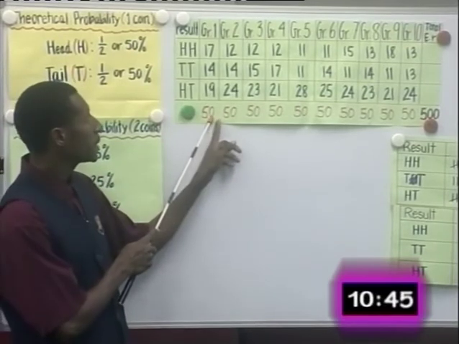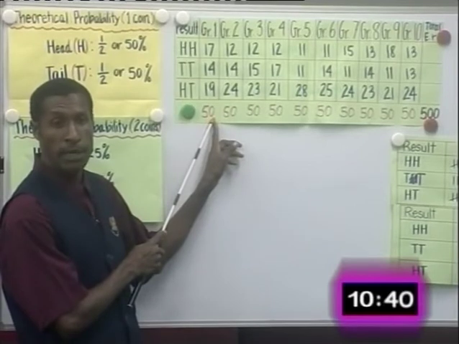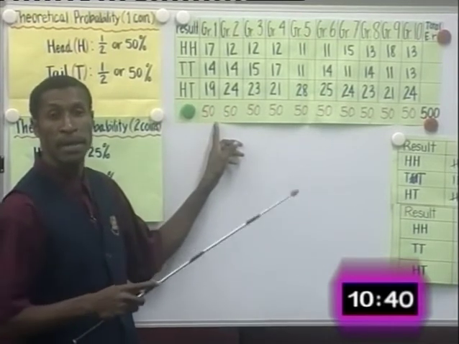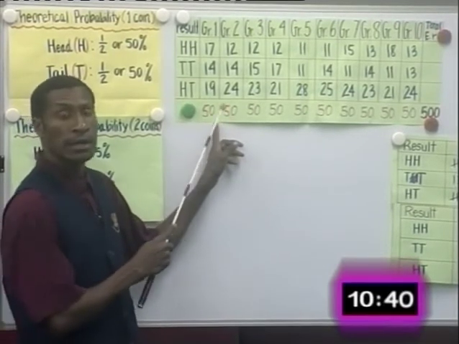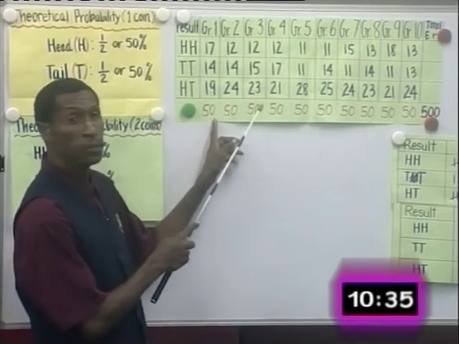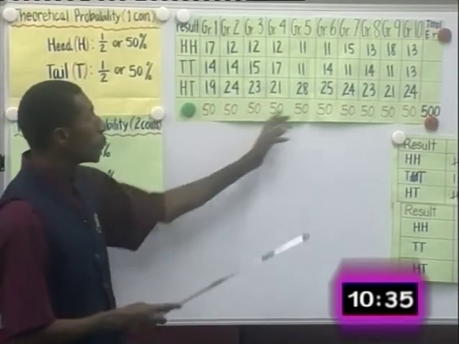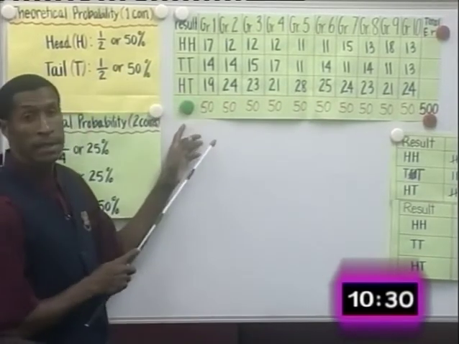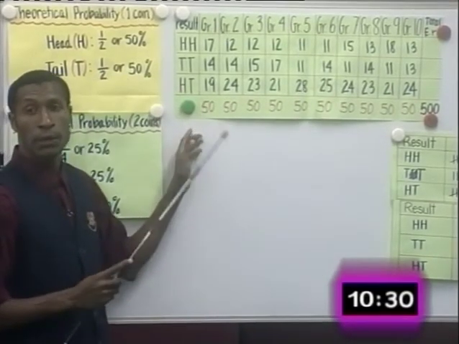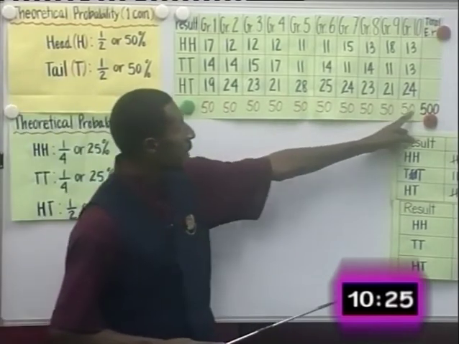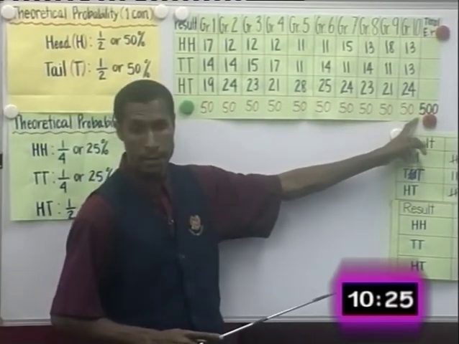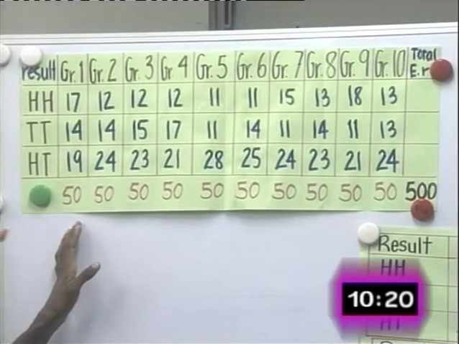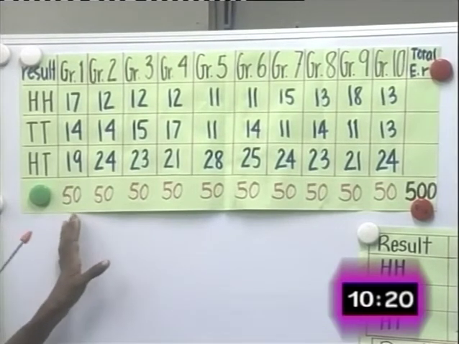So in this case, we have 10 groups here. So each group made 50 toss, total tossing of coin will be 500. So if you have 6 groups, your total result will be 300. Receiving students, I hope you have understood that explanation.